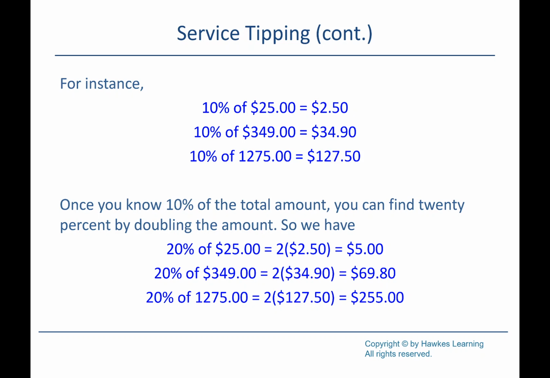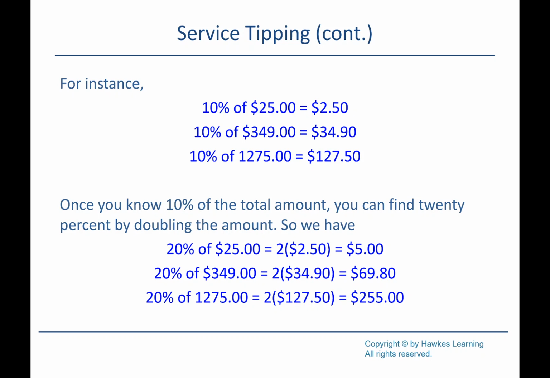You move the decimal place once and get 10%. Usually when trying to estimate a different percentage, starting with 10 is a good starting place. Because if we wanted to leave a 20% tip, and we know 10% is $2.50, you just double that. Same idea as doubling tax.